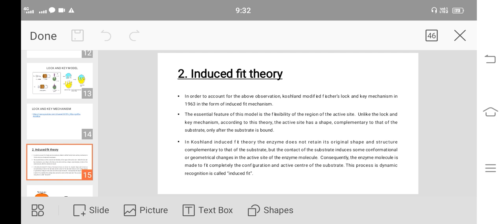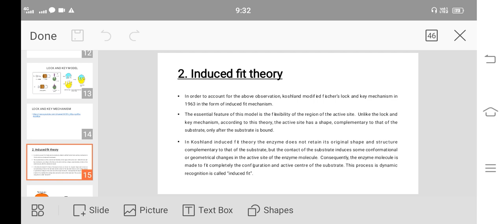Unlike the lock and key mechanism, according to this theory, the active site has a shape complementary to that of the substrate only after the substrate is bound. The enzyme does not retain its original shape and structure complementary to the substrate, but the contact of the substrate induces some conformational or geometrical changes in the active site of the enzyme molecule.